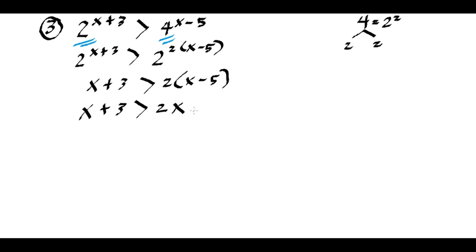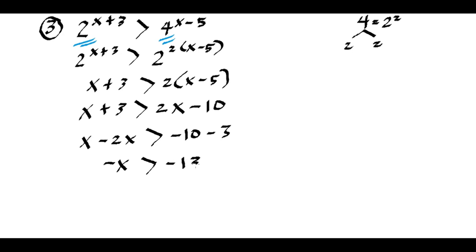And 2 times negative 5, we have negative 10. And then we will do the transposition method now. So x transpose 2x, so that will be negative 2x, is greater than negative 10. Then transpose 3, so that will be negative 3. So x minus 2x, we have negative x is greater than negative 13.